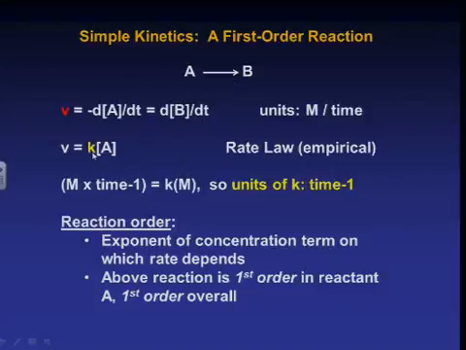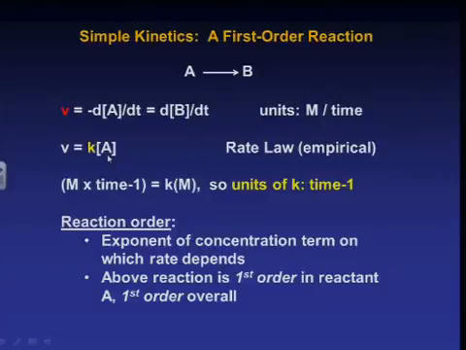So if it's small k times the concentration of A, this reaction is what order? It's first order. So if it's first order, then you could say, well, I know that my velocity has to have those units.